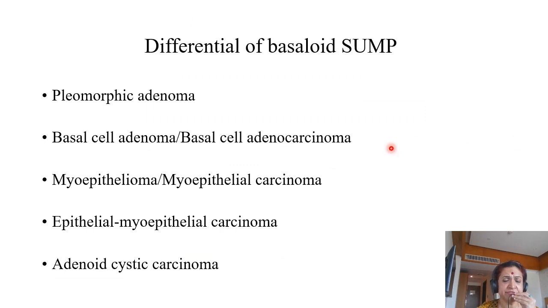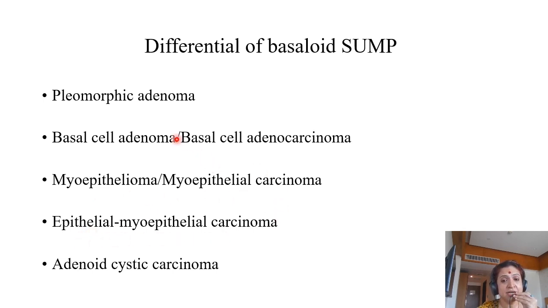Now these are the differentials of basaloid SUMP. It is a highly challenging area. So basaloid SUMP, you can see it runs across benign entities like pleomorphic adenoma to the adenoid cystic carcinoma. So in between you have basal cell adenoma, basal cell adenocarcinoma, myoepithelioma, myoepithelial carcinoma, epithelial myoepithelial carcinoma.